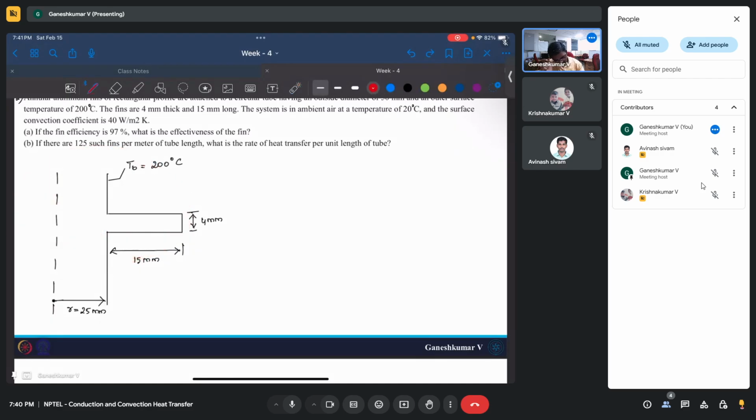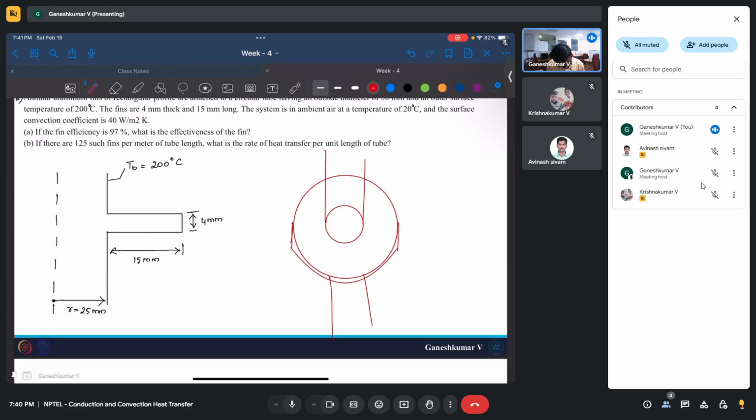So basically I'm trying to say, how would I draw this? So this is the tube, and then the tube is extending in the z direction. Okay, and you have a fin of thickness.